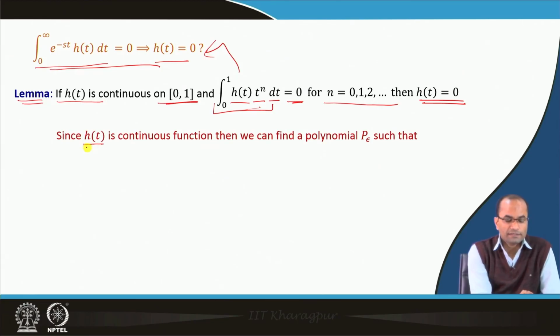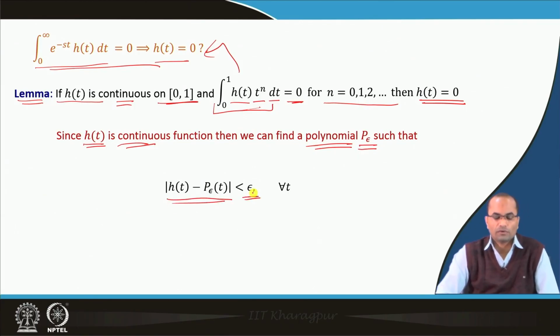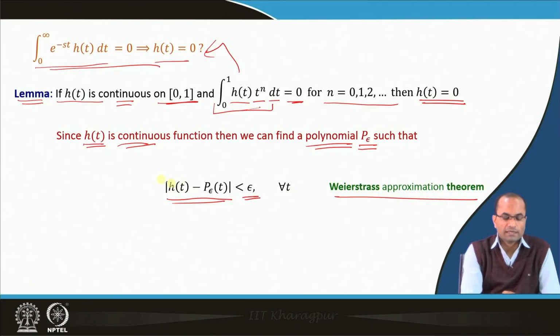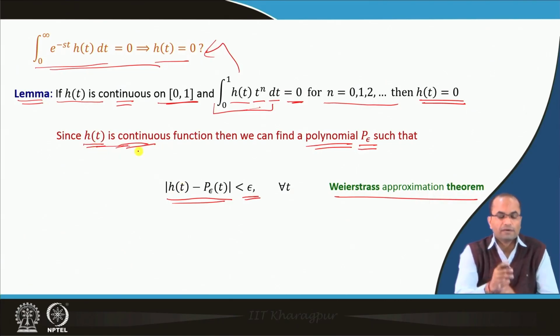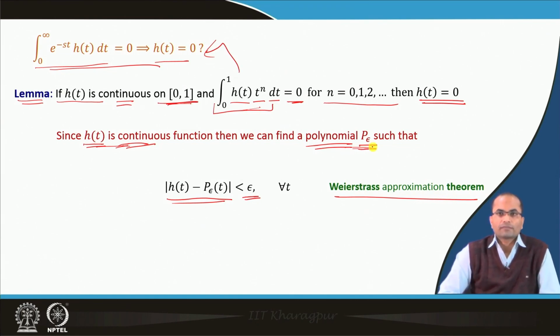Since h(t) is assumed to be continuous, we can find a polynomial p epsilon such that the absolute value of h(t) minus p epsilon(t) is less than or equal to epsilon. This is the result which we call the Weierstrass approximation theorem, and it says that if we have a continuous function defined on a closed interval like here 0 to 1, then we can find a polynomial of as good accuracy as we want.